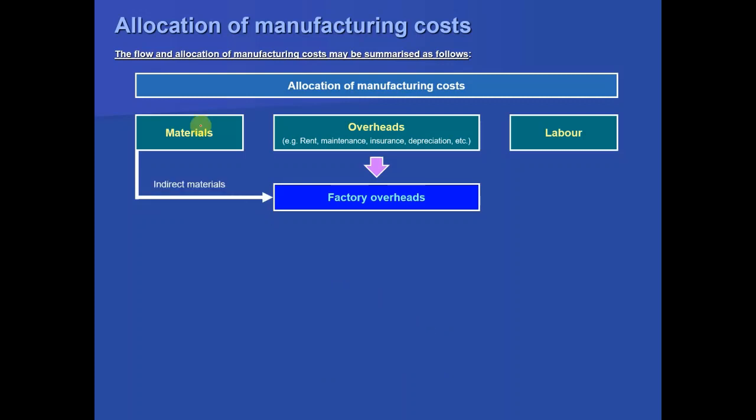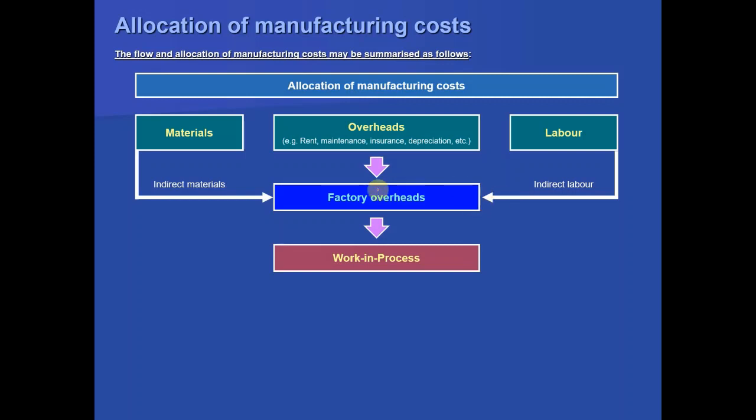Then our indirect materials are also transferred to factory overheads. Similarly, indirect labor is transferred to the factory overheads account. From there, our factory overheads cost account is transferred to our work in process asset account.